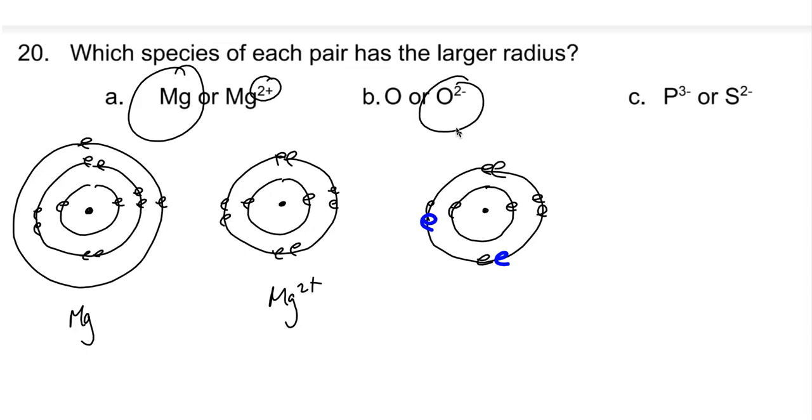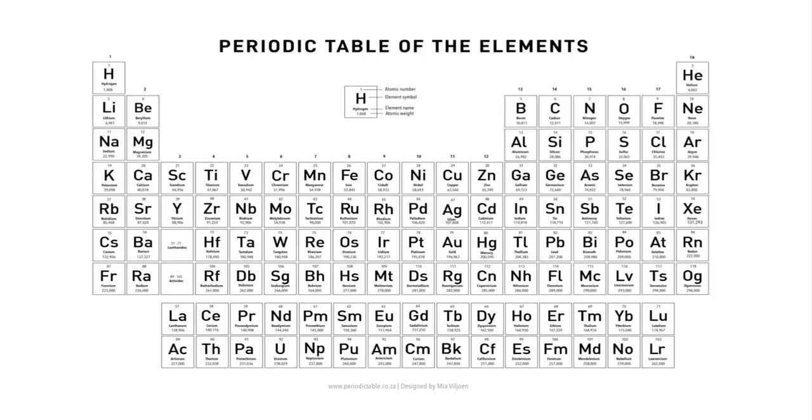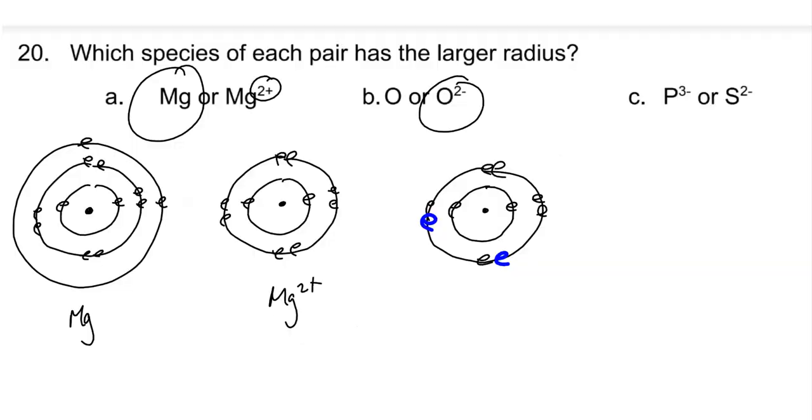Looking at the next one, phosphorus and sulfur, and these are both anions. Phosphorus gains 3 electrons, sulfur gains 2 electrons. You're going to notice that phosphorus and sulfur both have 3 energy levels. Okay, so the number of rings isn't going to change. Basically what we are interested in, once again, is that effective nuclear charge. We're looking at the number of protons that are pulling those electrons in. Phosphorus has 15 protons.